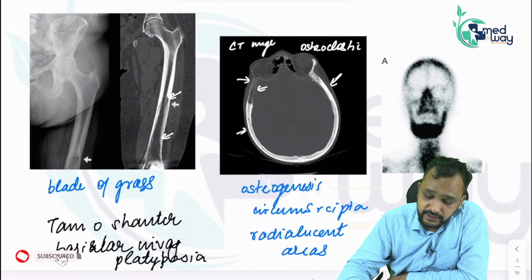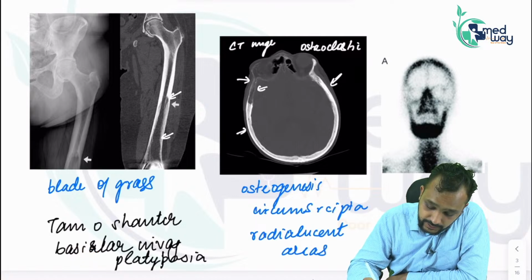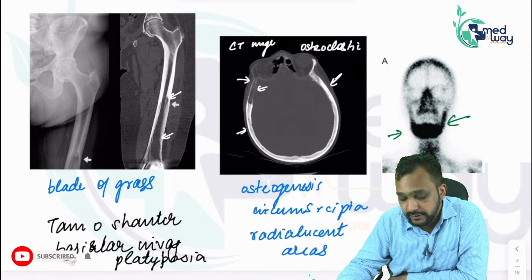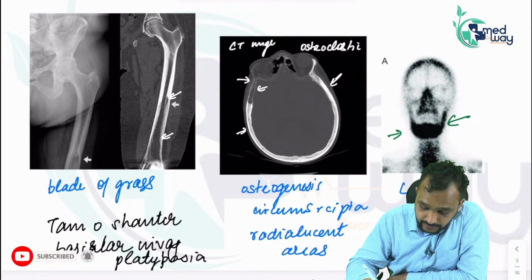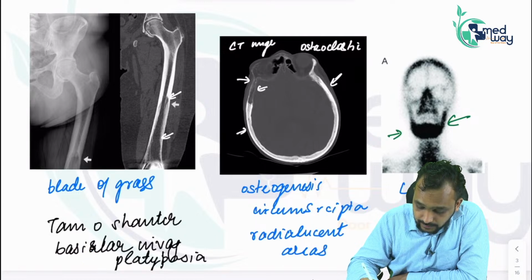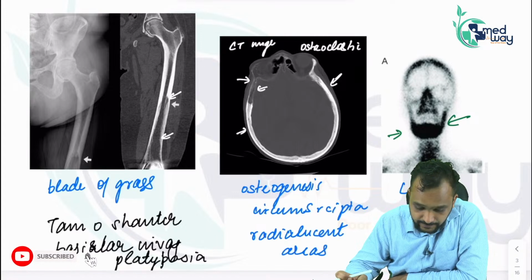And on bone scintigraphy or bone scan, you will see that there is increased uptake in the region of the mandible, and the name of this sign is Lincoln sign, because of increased uptake in the mandible.